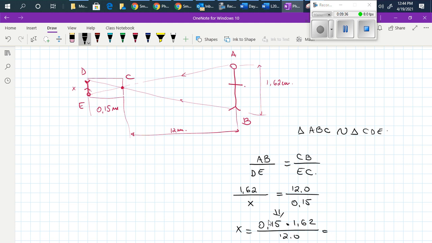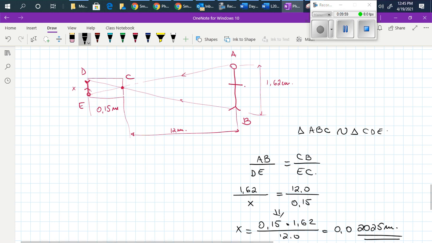And we will find the image, and as you see here, the image is inverted. So 0.15 times 1.62 divided by 12 will be 0.0225 meters, and it is inverted.